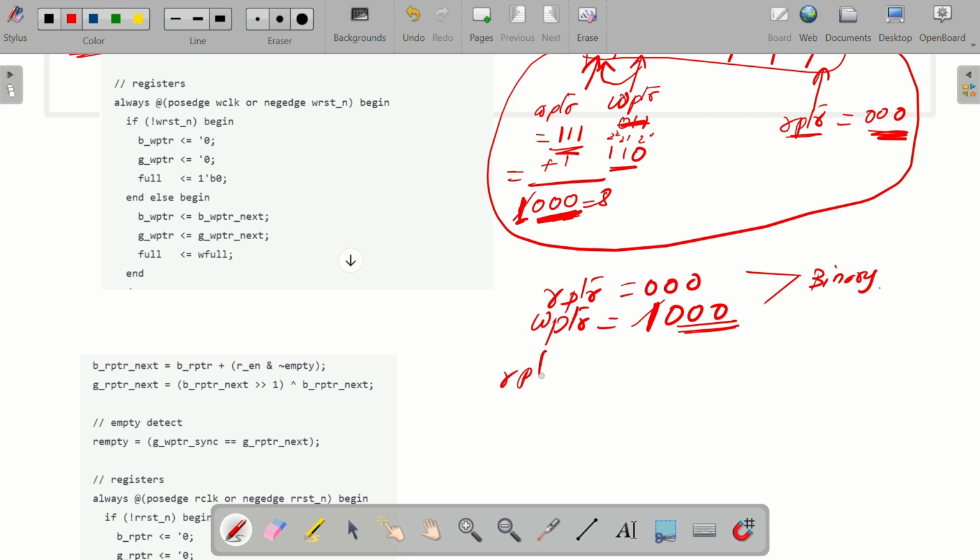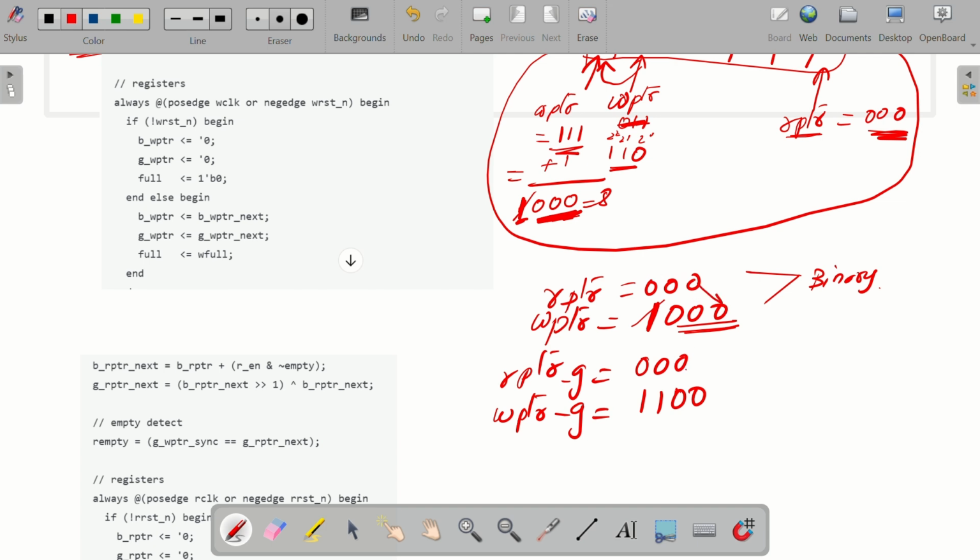What if I want to see this in case of gray? In gray code, 000 remains as it is, 000. My right pointer gray code will be 1100. Okay. So what changes did I see?